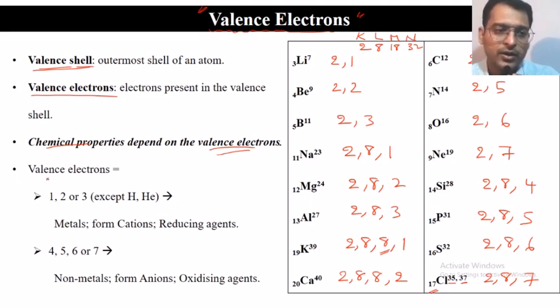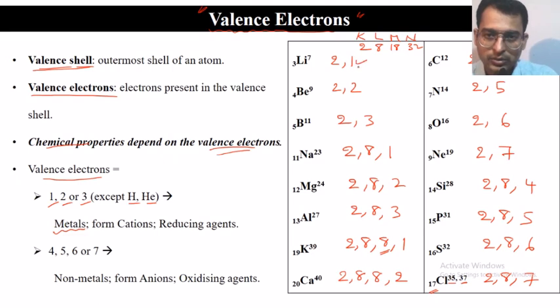So now, what about the valency electrons? If it is 1, 2 or 3, except in the case of hydrogen or helium, they will be metals. So lithium, beryllium, boron, these three are metals.